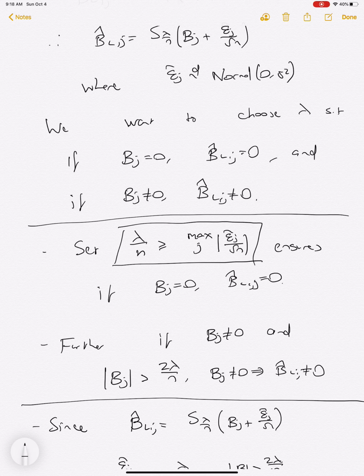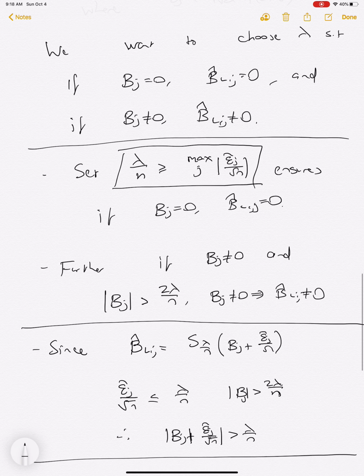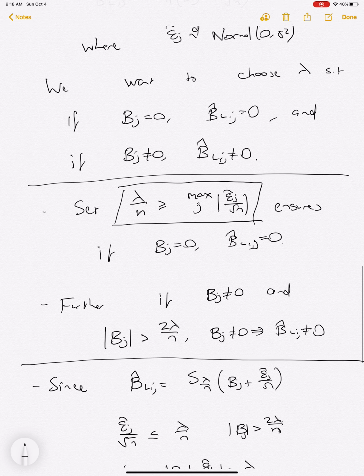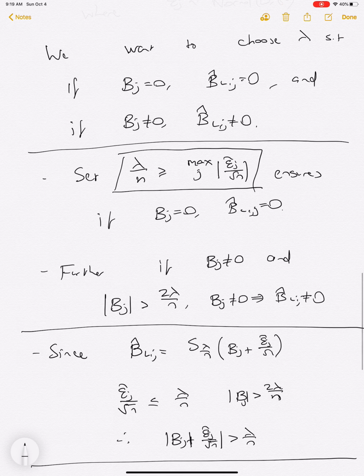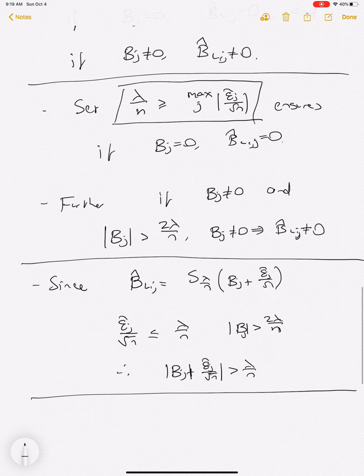And further, if we assume that bj is not 0, one thing I didn't mention in the previous lecture was that to ensure that b hat lj will not be 0, you need to impose this condition that the absolute value of bj is bigger than 2 lambda over n. To see why this is true, let's think this through.